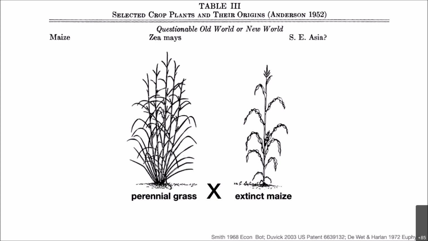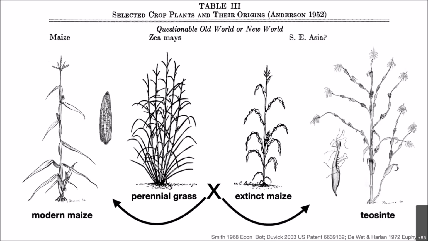That was a sort of strange, in retrospect, hypothesis that maize actually originated from a hybridization event between some perennial grass and an extinct maize, of which now there is no evidence anywhere. So some extinct maize hybridized with perennial grass, and that led to both modern maize that we know on the left and the wild relatives that are the extant wild relatives today, teosinte. And so the idea was that both of these taxa originated from this hybridization event.